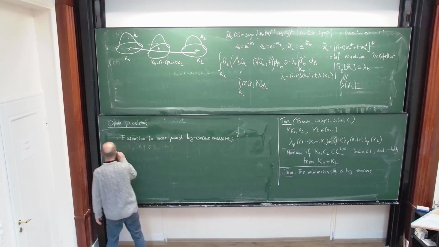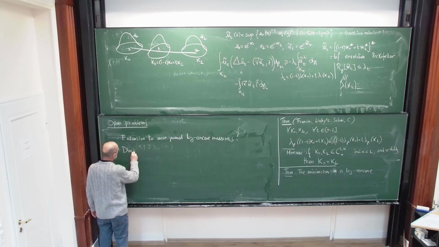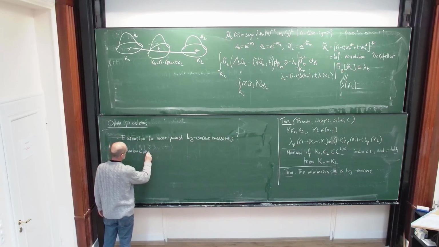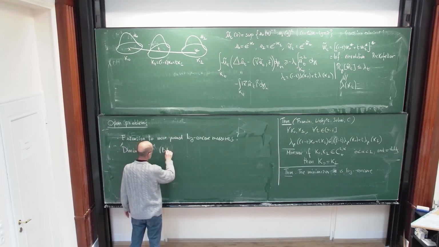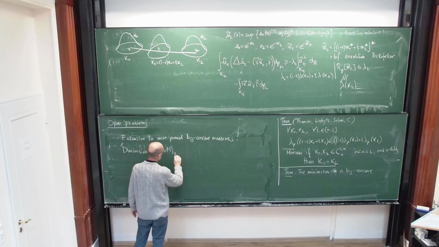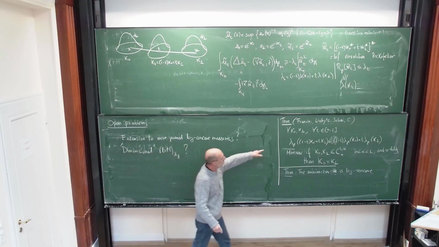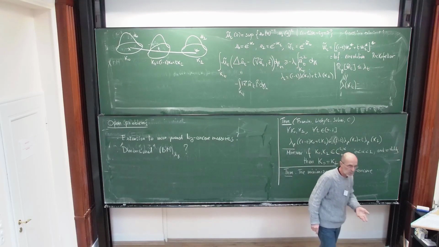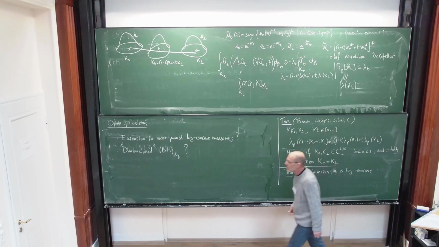And so, is there a dimensional Brunn-Minkowski inequality for lambda gamma? So can we write this inequality with exponents, with some exponent? This we also don't know.